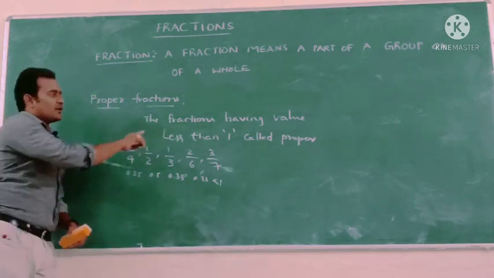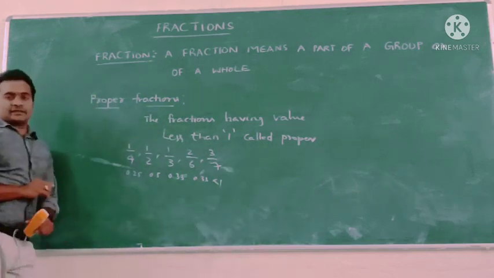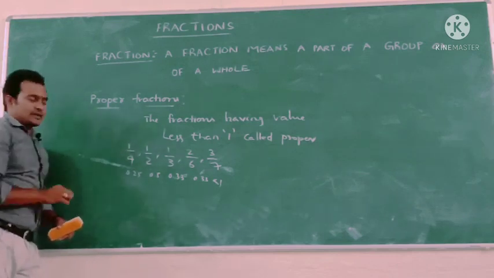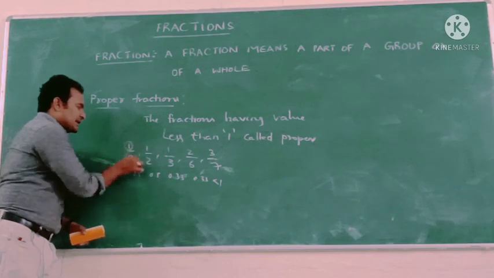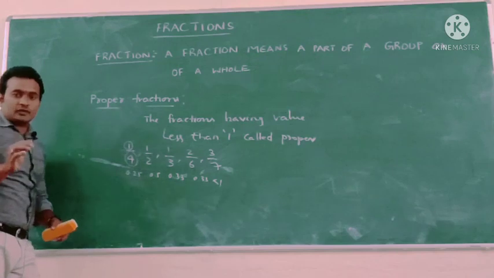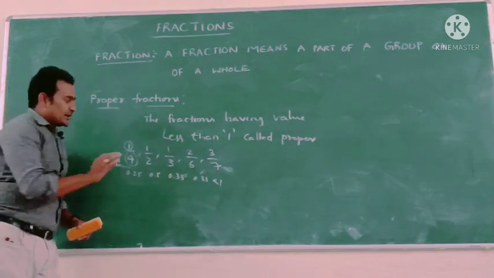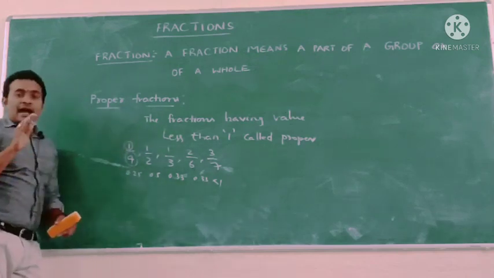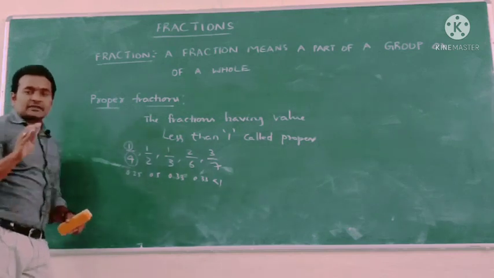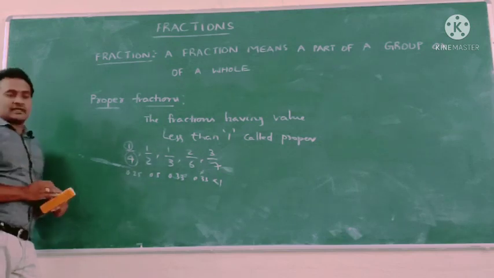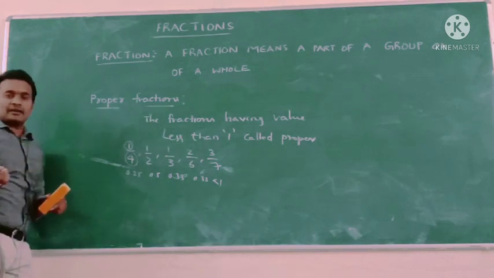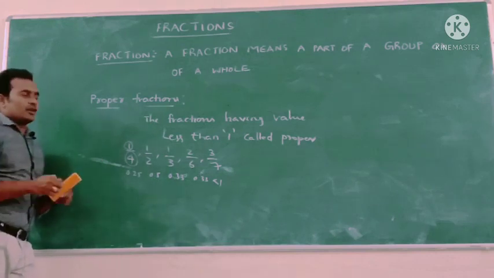Hence these fractions are called proper fractions. Notice that in all of them the numerator is less than the denominator. So fractions having numerator less than denominator are called proper fractions.